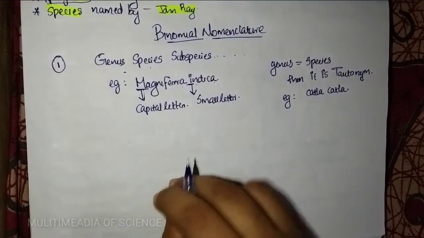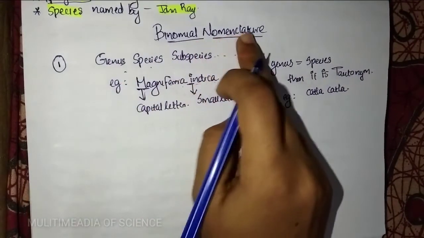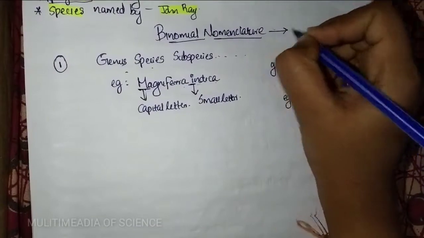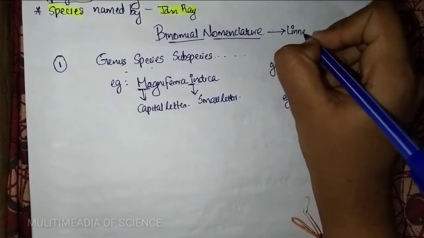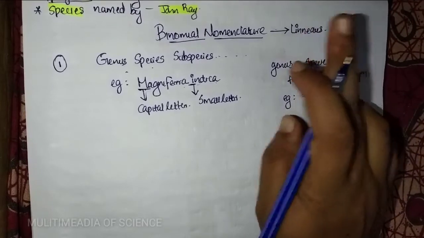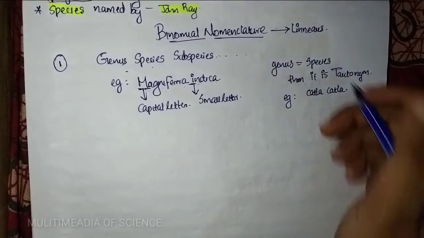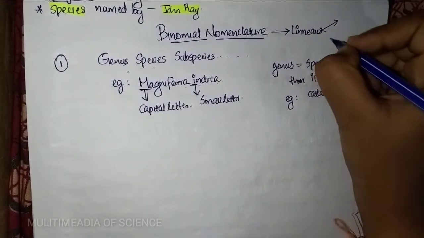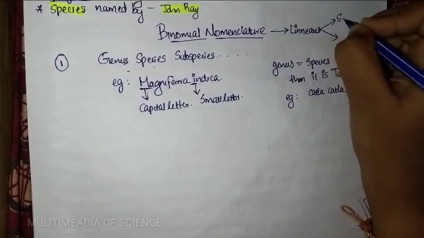Binomial nomenclature was introduced by Linnaeus. Linnaeus introduced the scientific names of plants in the book called Species Plantarum. He wrote two books.